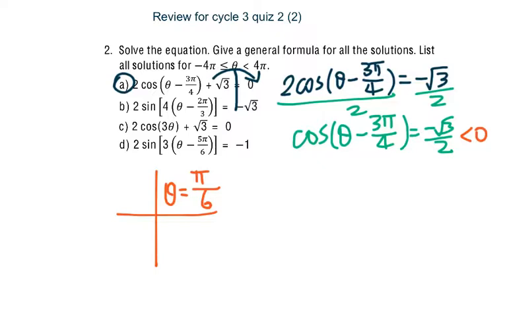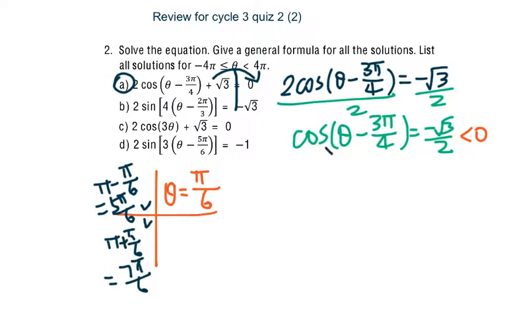Since for cosine the value is negative, we go to the second quadrant and then the third quadrant. I got pi minus pi over 6, you get 5 pi over 6. Pi plus pi over 6, you will get 7 pi over 6.